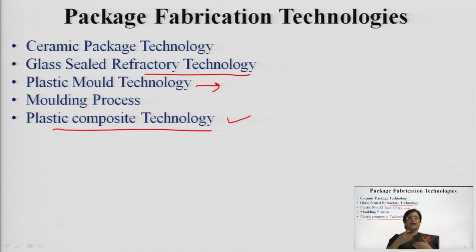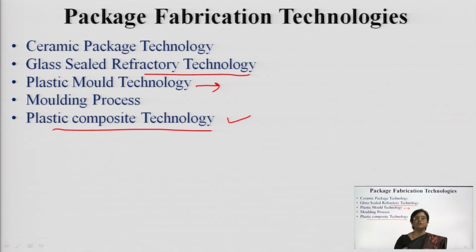As you progress, new advancements are happening in packaging technologies, and that is how you have different kinds of packages being designed. The ceramic package has all the ceramic properties incorporated. Ceramic behaves as a good insulator, so your packaging will have good insulation. Then improvement is made by providing glass sealing.